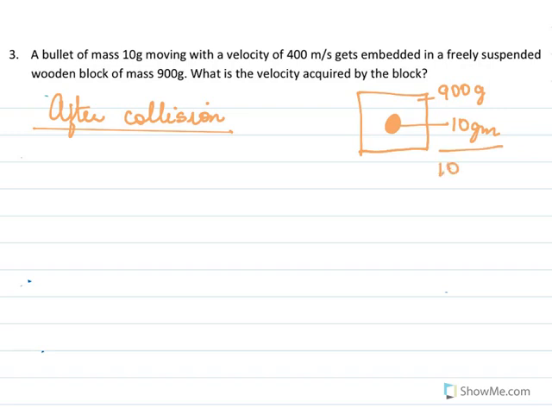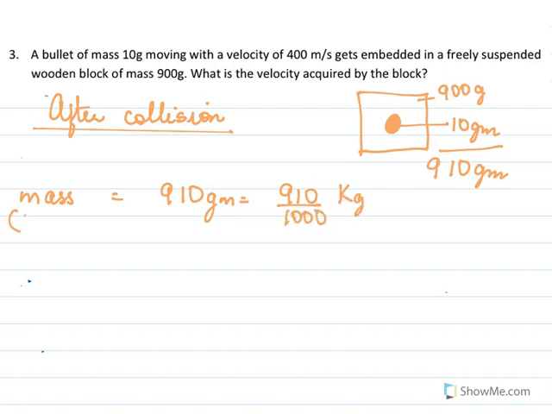So the total mass after collision will be 910 gram, which is equal to 910 over 1000 kgs. Remember, this is the mass of bullet plus the block, because the bullet gets embedded in the block. Now we need to find the velocity. The velocity after collision is not given, so we'll take it as x.